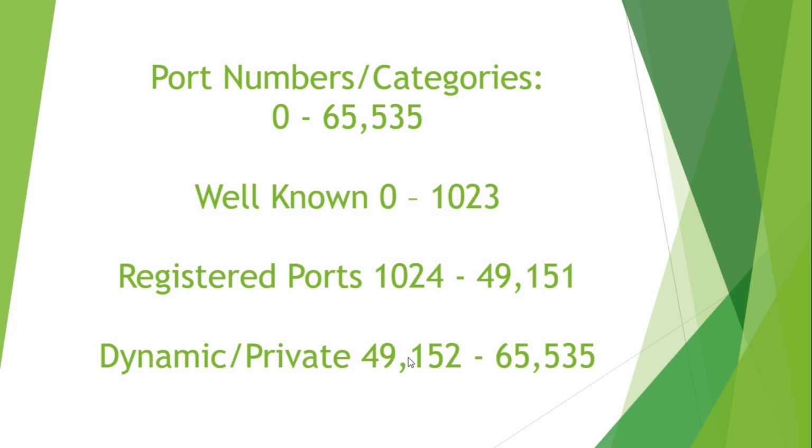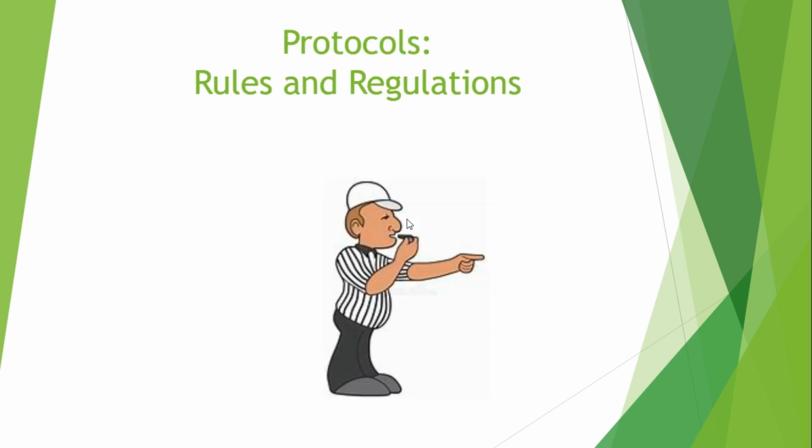As soon as you get your CompTIA A+ and you are entry level, what would be a good starting figure? Hey, 65,535 would be a good starting figure for an entry level technician with the CompTIA A+. That's a silly way to try to memorize these numbers, but the key point is that there are 3 categories. Let's go on to protocols.